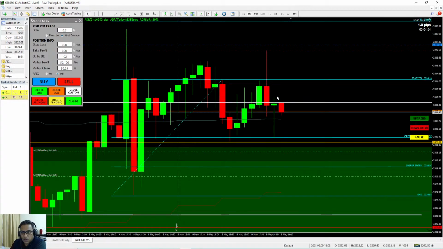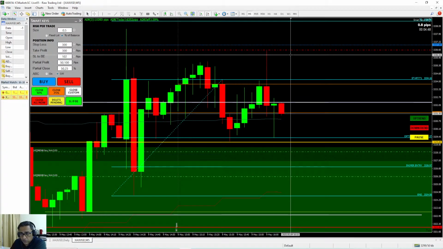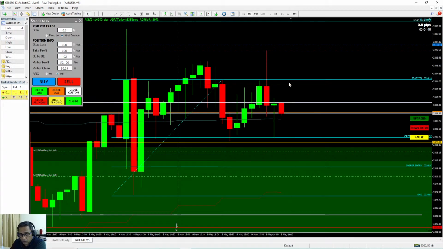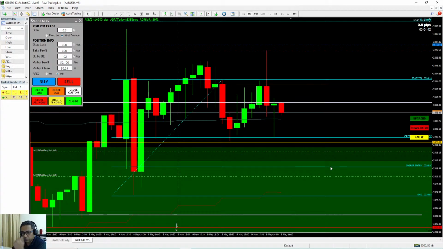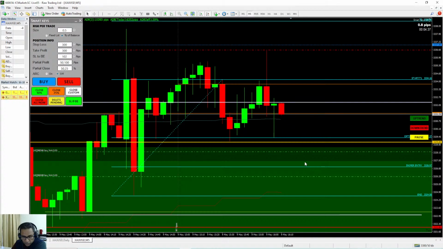This candle has closed bearish, strong bearish, rejecting 337 or 336. So it can come up and push all the way down. That's why I move these entries, these pending orders, further down.